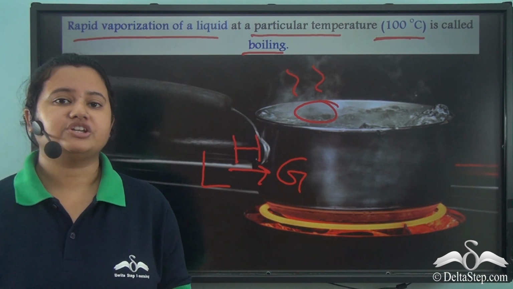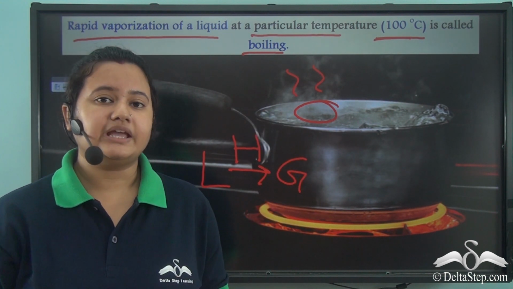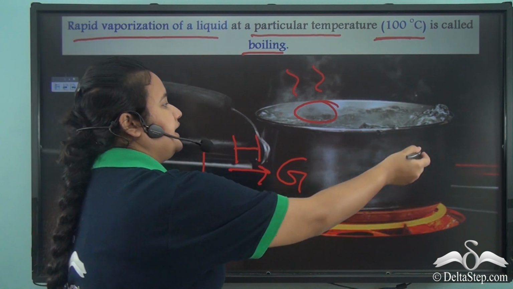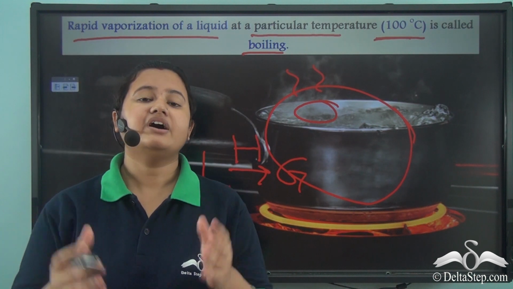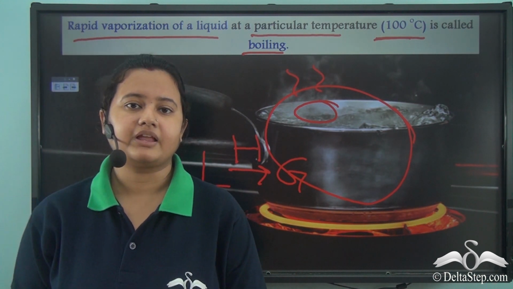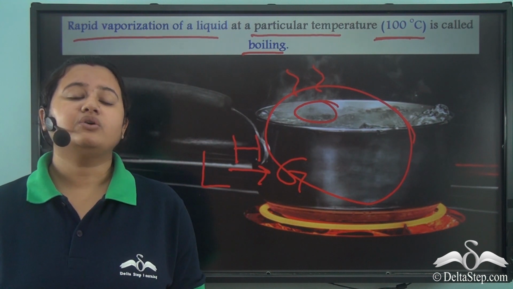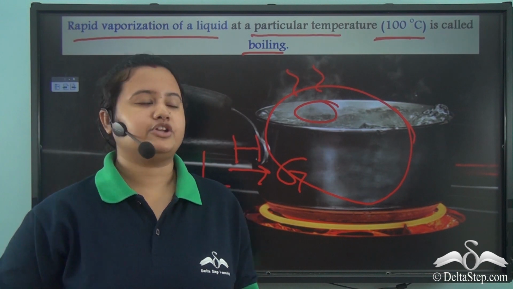Also, evaporation is a surface phenomenon, whereas boiling takes place throughout the entire liquid. So these are the differences between evaporation and boiling. We will now discuss the factors that affect the rate of evaporation.